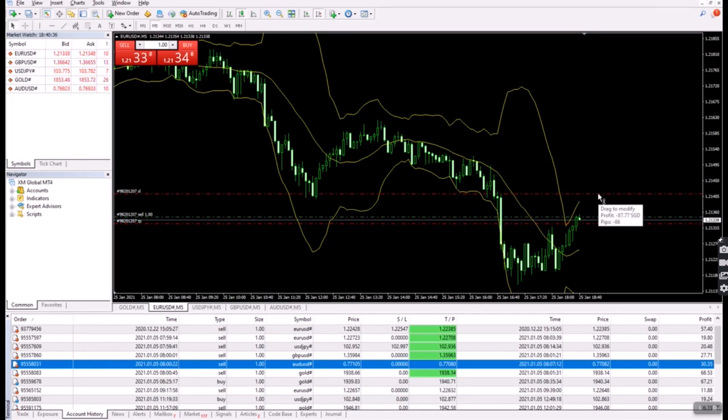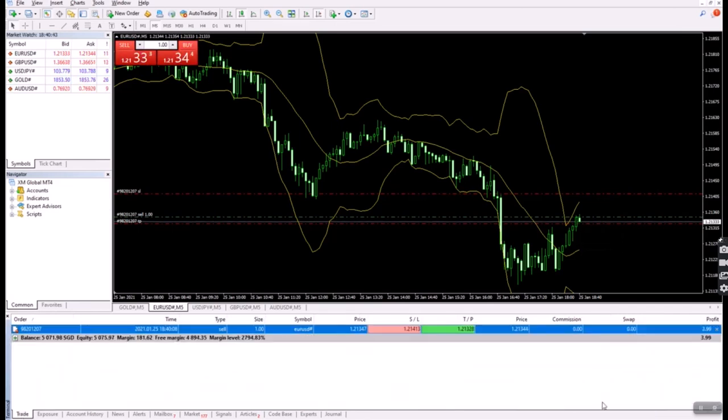I would always suggest you have a 1:2, but try not to put it so close. Okay, as you can see right now, if we are in the trade, we are actually already profiting. We're just waiting for it to hit the line, and we'll make $25 just like that. It is very fast and simple. We are just targeting a very small margin.